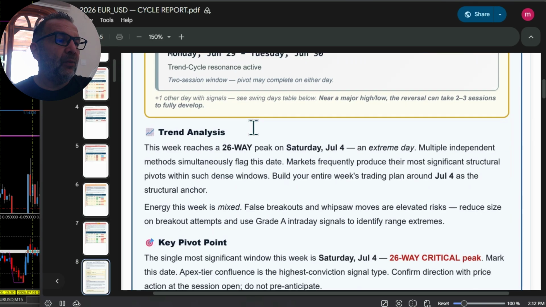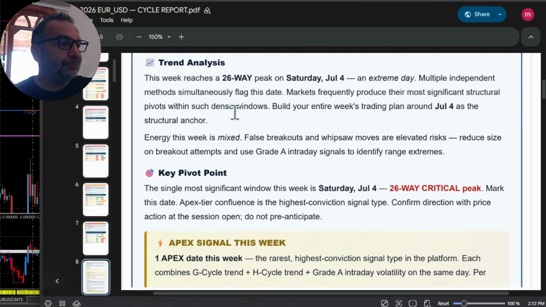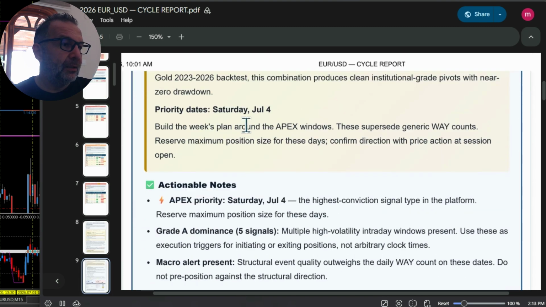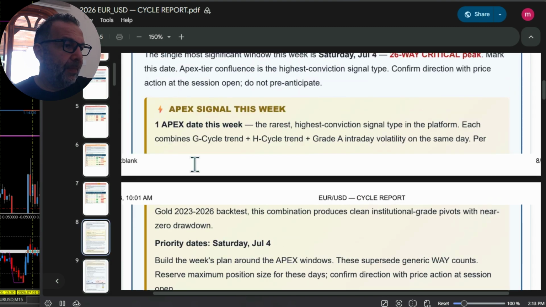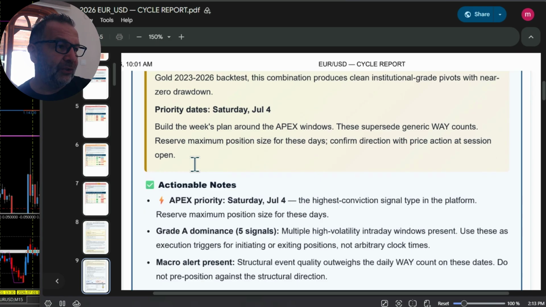Okay, and then we have a trend analysis here, key pivot point. Now here, let's see. It's already given us the dates, the apex signal for this week. All right, and all we have to do is just look out for those days.